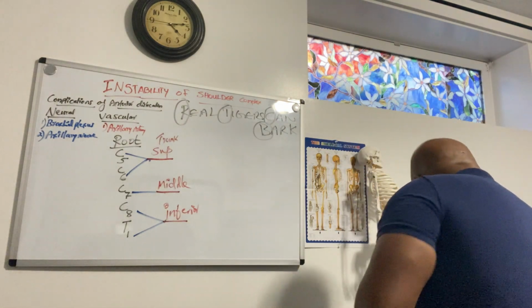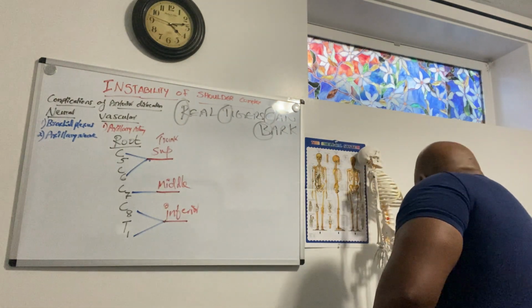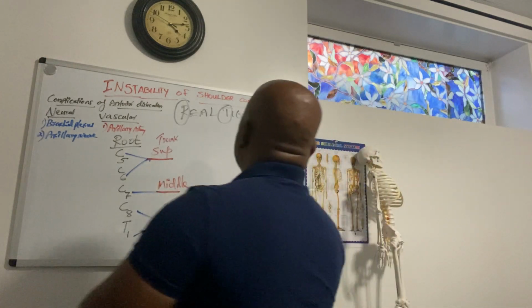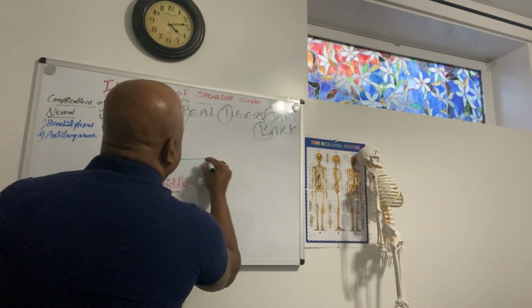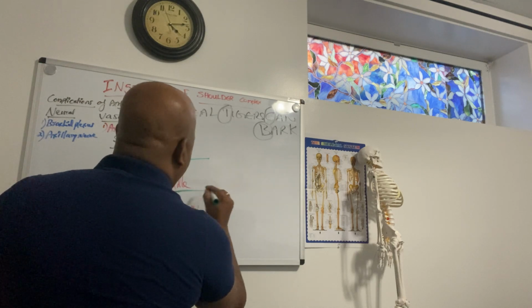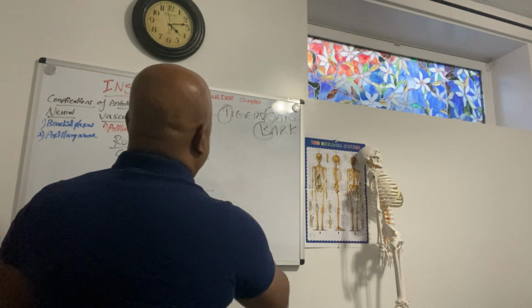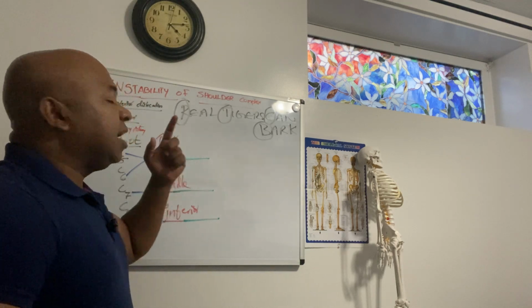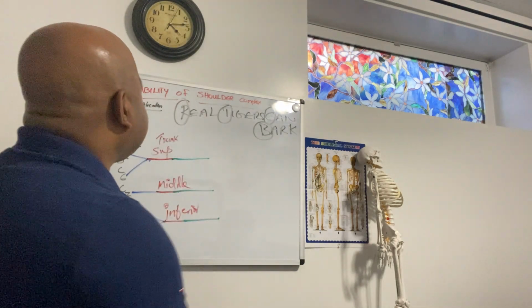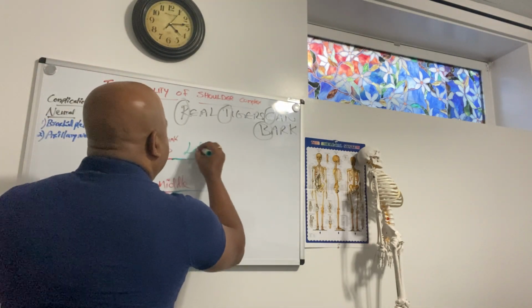From the trunks form the cords of the brachial plexus. The superior trunk continues as the lateral cord of the brachial plexus.